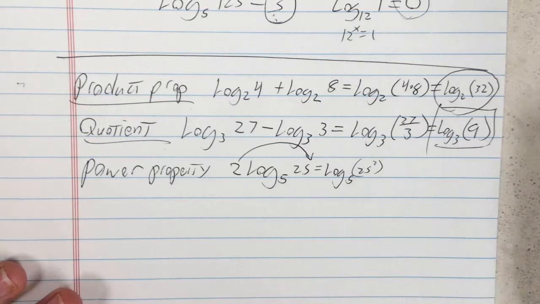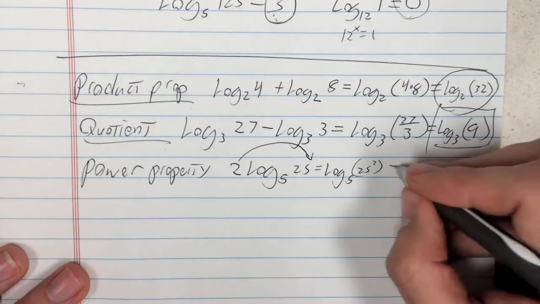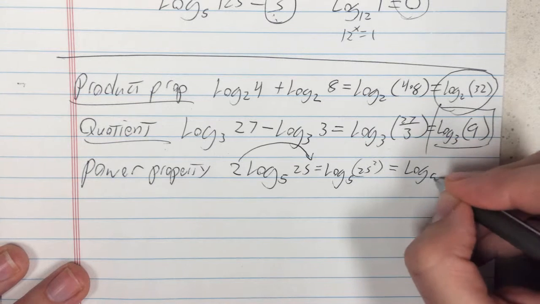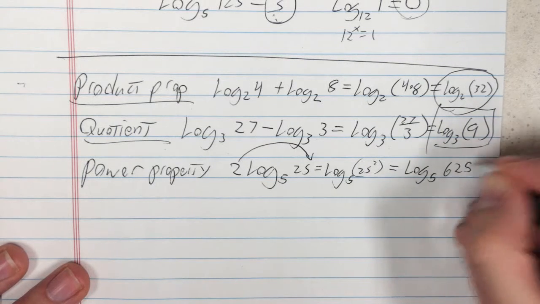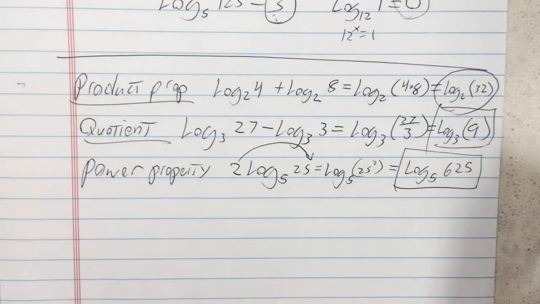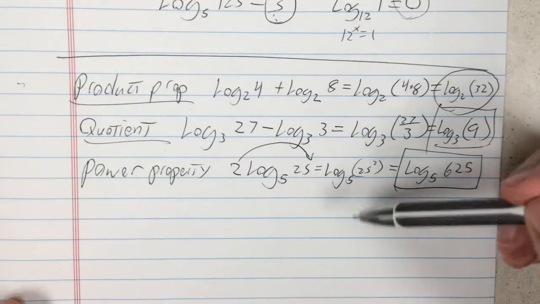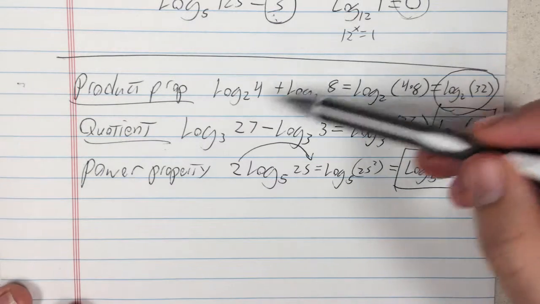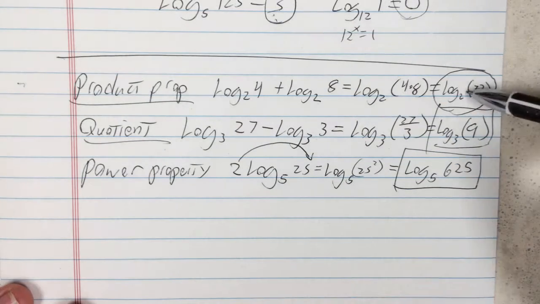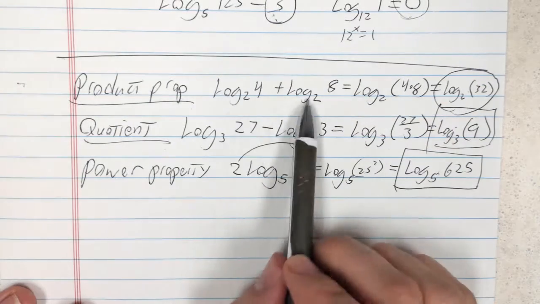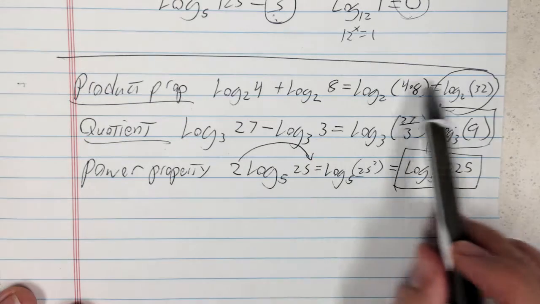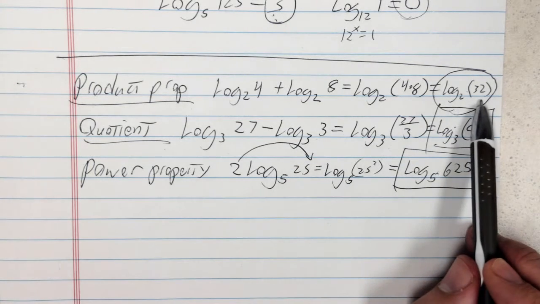Well, what is 25 squared? It's 25 times 25, which equals log base 5 of 625. All right, so this is an example of condensing. We took multiple log statements and wrote one log statement.